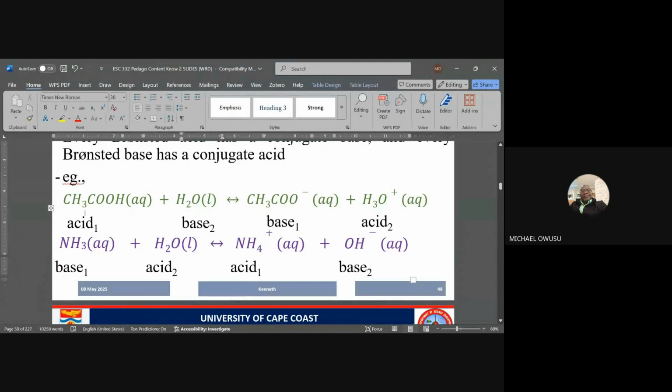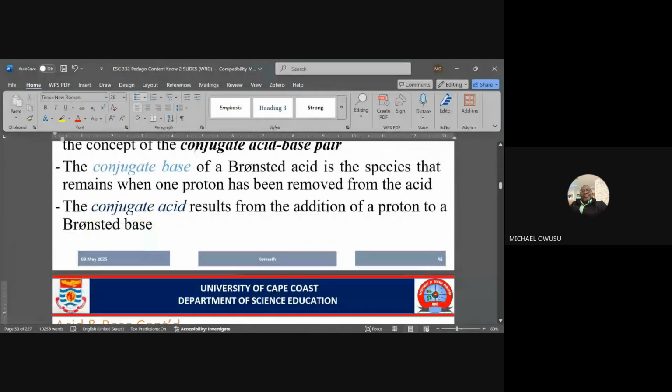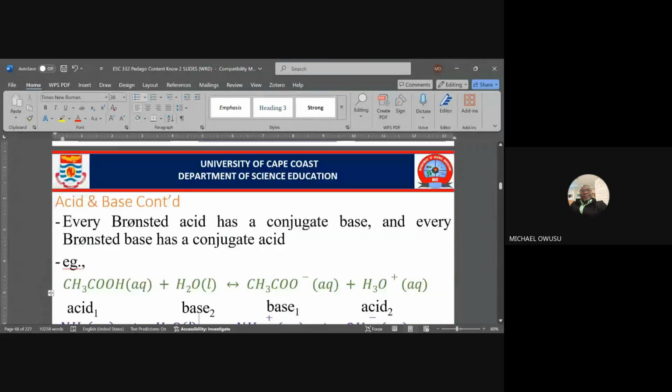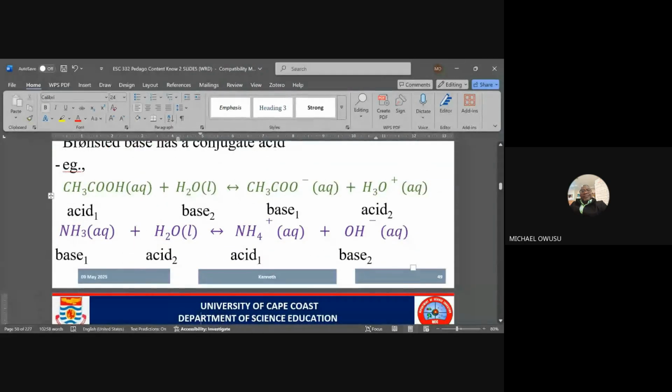And then going back again, it said a conjugate acid results from the addition of a proton to a base. So the acid 2 has removed a proton, and finally has become base 2. So every acid has its conjugate base. Acid 1 has a conjugate base of base 1, and every base has its conjugate acid.